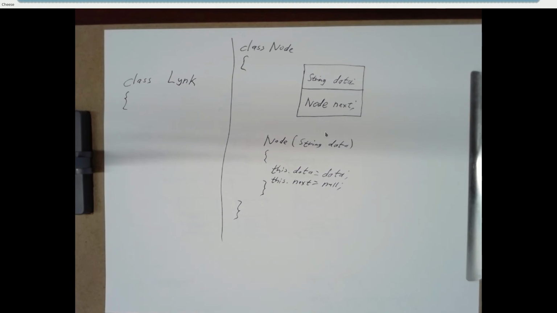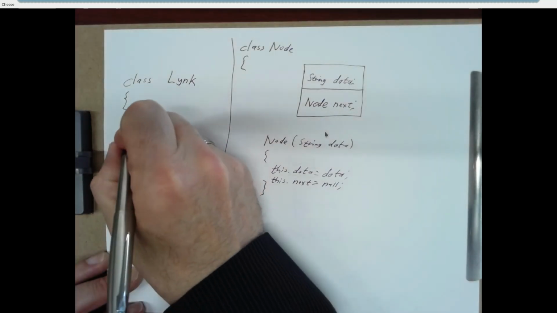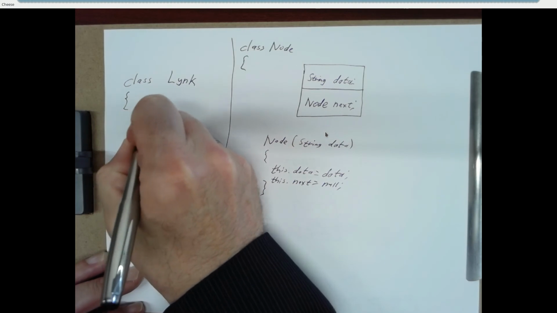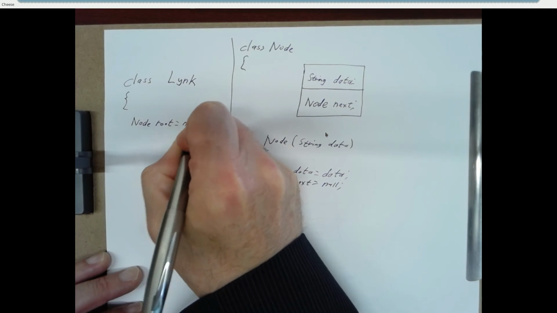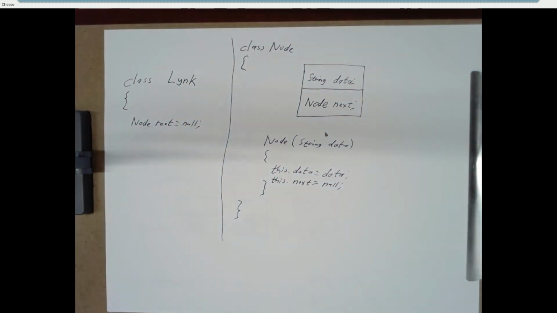So this could be a sentinel node, but I'm going to do this without a sentinel. So can I use the word root without tripping people up? Yeah. We'll find out. So we're going to have a variable called root. It's a node, and we're going to set it to null initially because our list is empty initially.